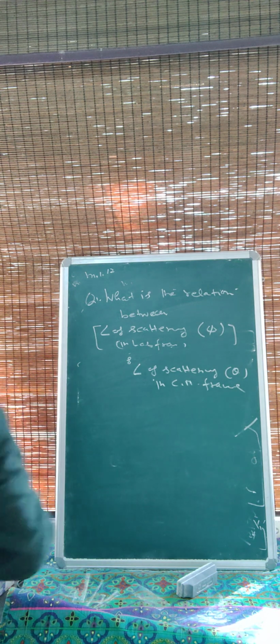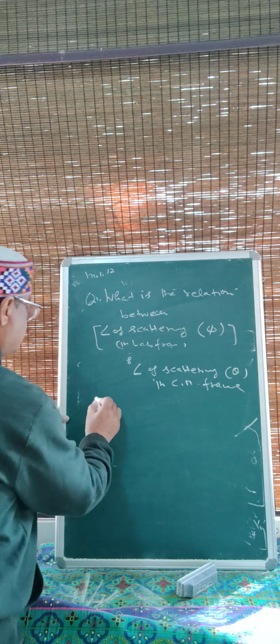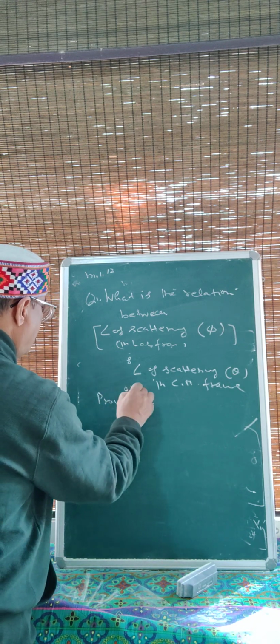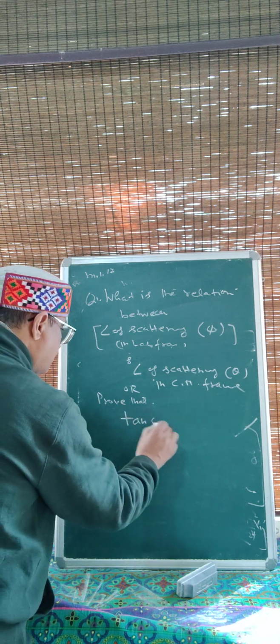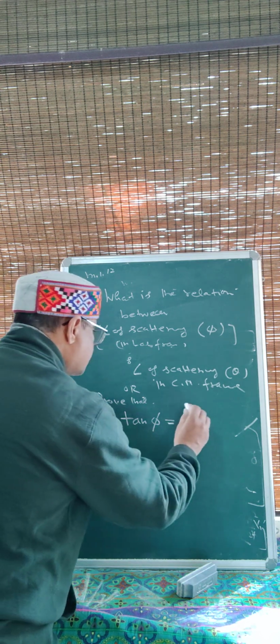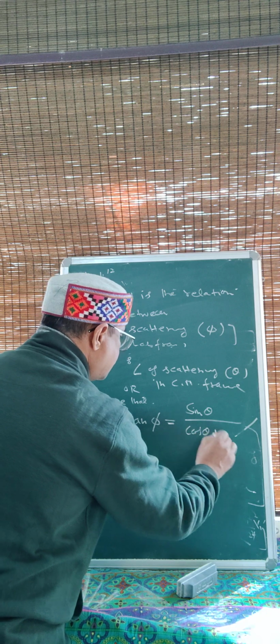ये क्वेश्चन देखो, ये अब आपने ये कर लेना है यहाँ पे, और इसमें आपके पास एंगल ऑफ स्कैटरिंग इन लैब एंड सेंटर ऑफ मास फ्रेम, I will write कि आपके पास ये रिलेशन आता है, और sometimes they say prove that tan phi is equal to sin theta over cos theta plus m1 over m2.